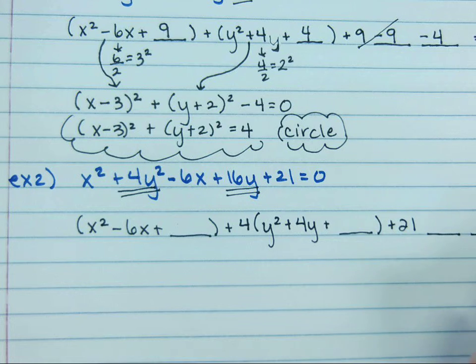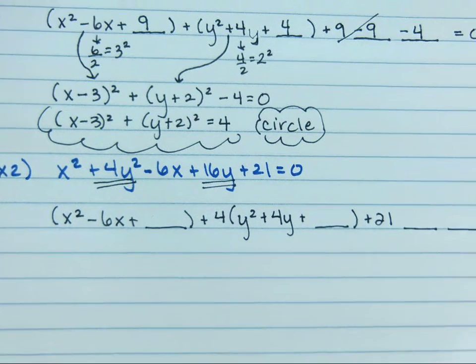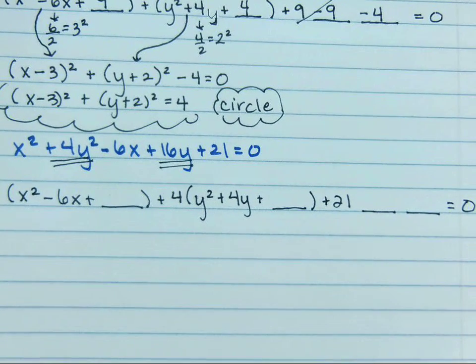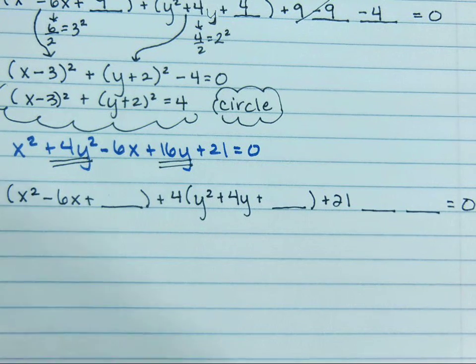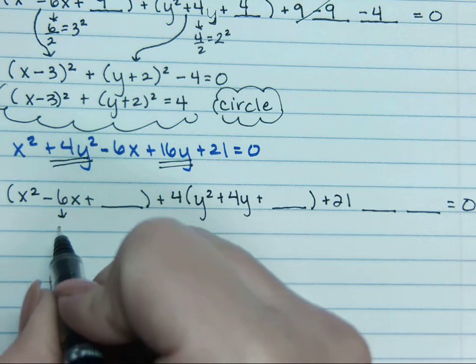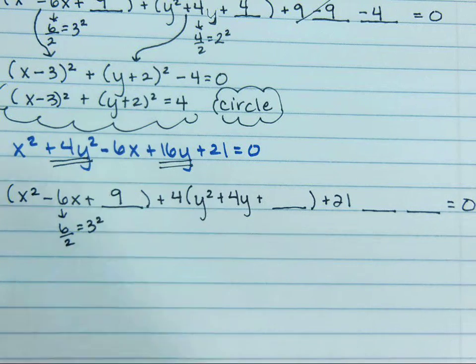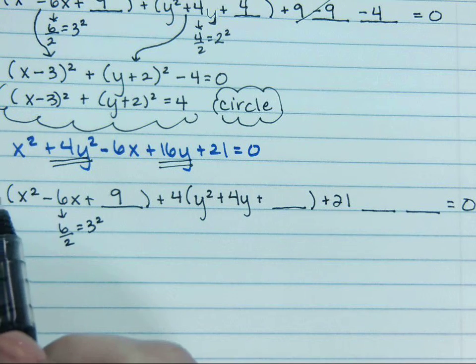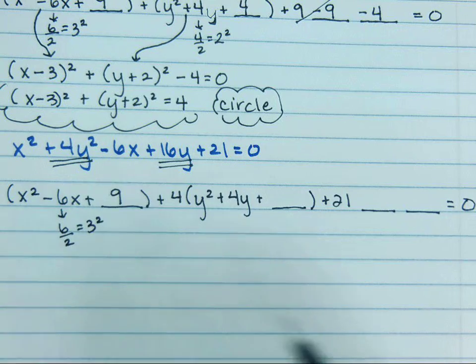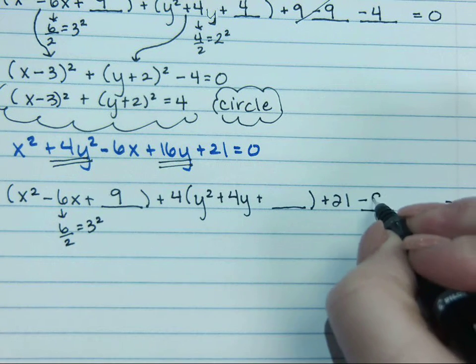And again, 2 more blanks to be able to balance my equation. So again, I'm going to cut this term in half. And now this first part is the same as last time. There is no coefficient in front of my parentheses. So the value that I just added here was 9, so I'm going to balance it.